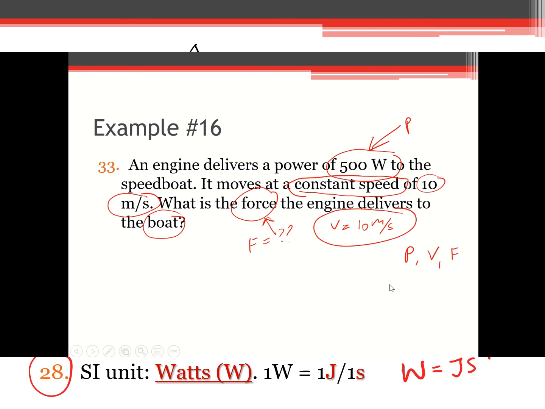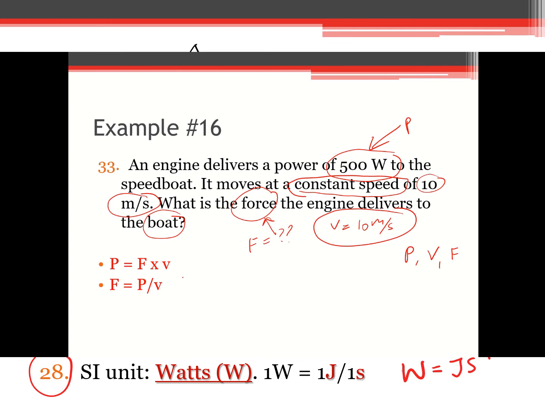The formula which I think is good to know, but I must stress that this kind of question rarely happens in O level. So power can be equal to force times speed. To find your force, it can be force equal to power over speed.